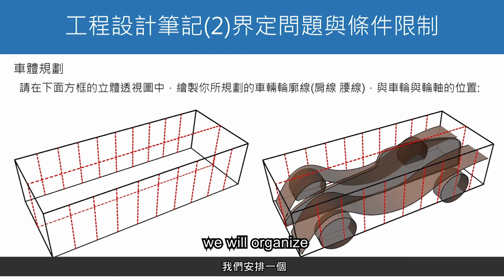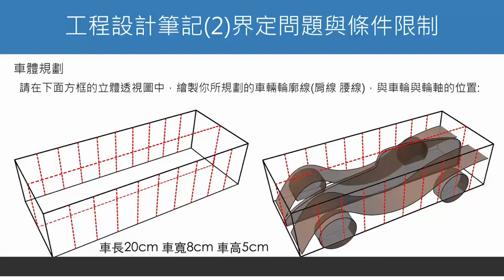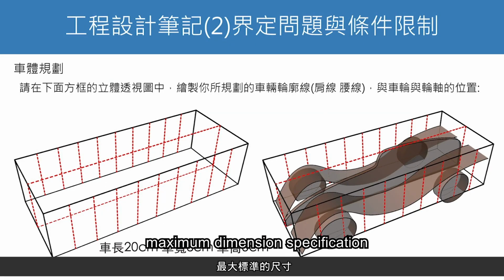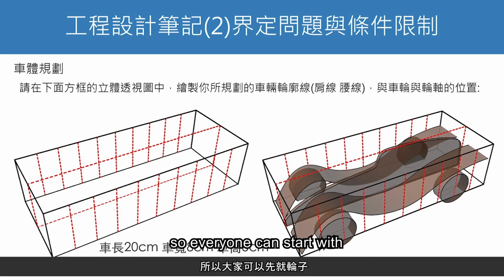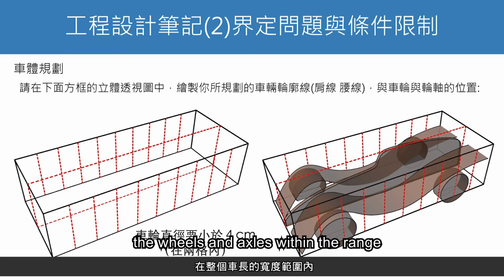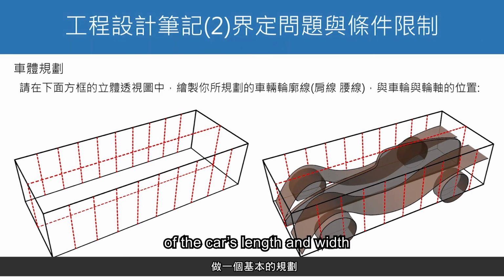At this stage, we will organize a car planning activity. Please plan your car body design inside this rectangular frame below. For the design of our compressed air car, our car's length, width, and height, maximum dimension specification is within this frame, so everyone can start with the wheels and axles within the range of the car's length and width.